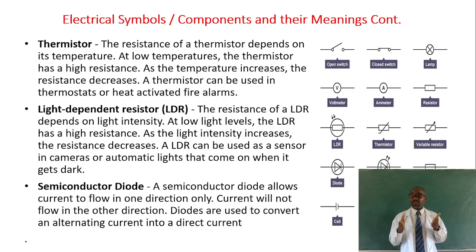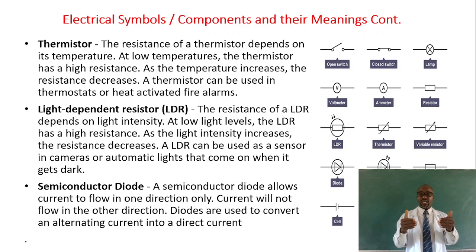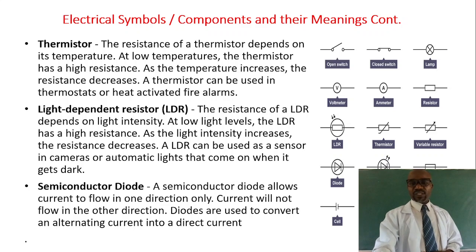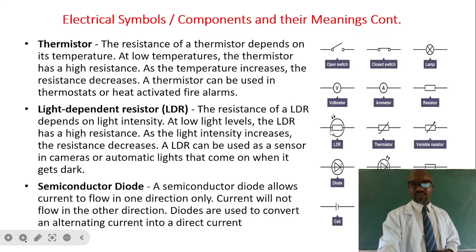For the sake of time, because I don't want this video to be longer than expected, this one is going to be given to you as an assignment. Since I have mentioned light dependent resistor, this should be light emitting diode, all right? You can see the symbol showing that it emits light.